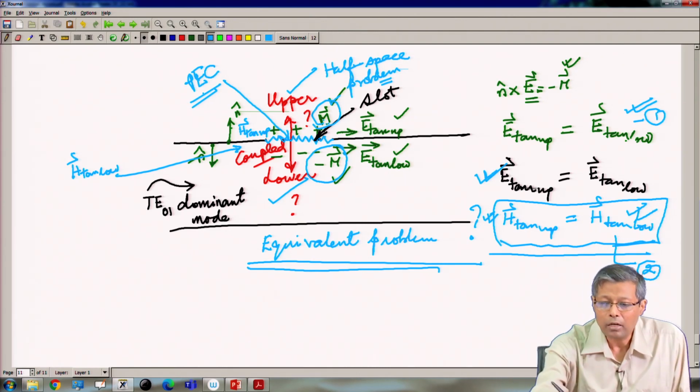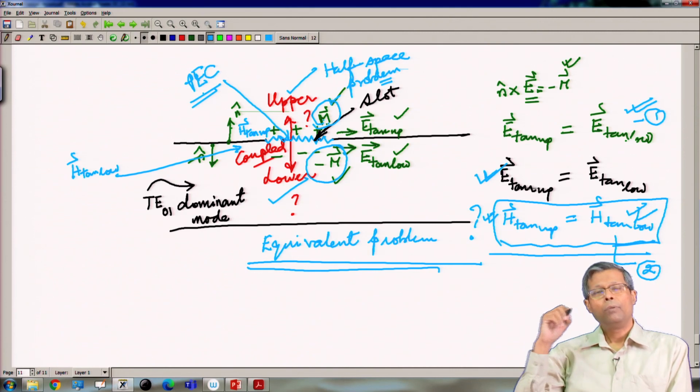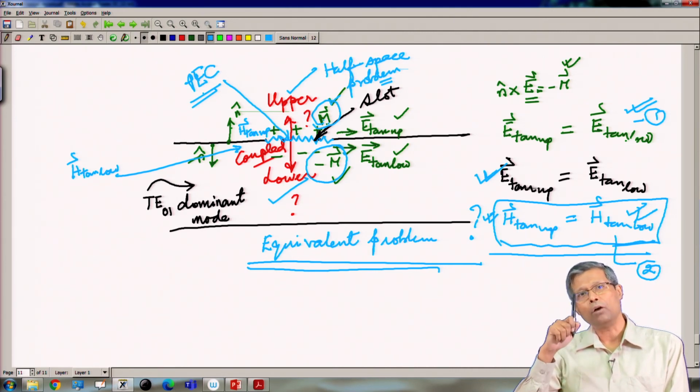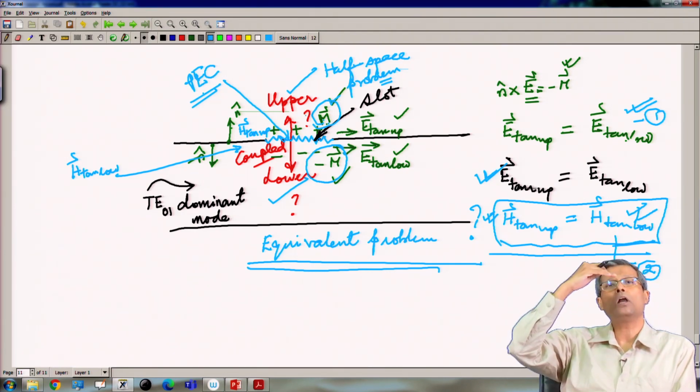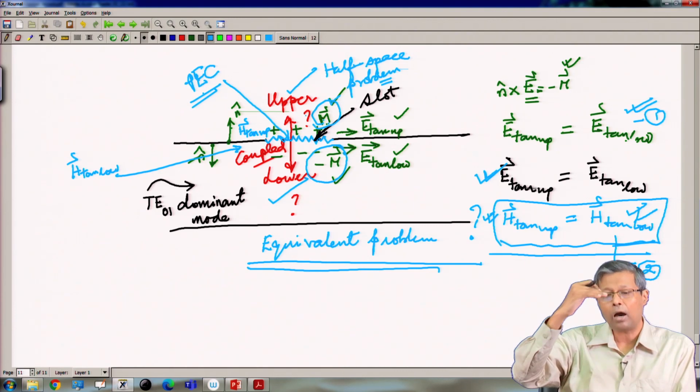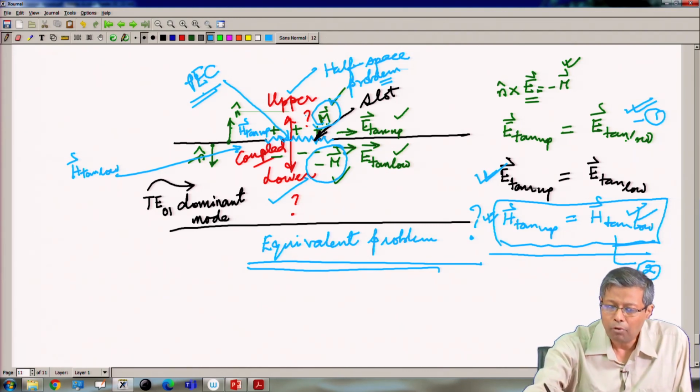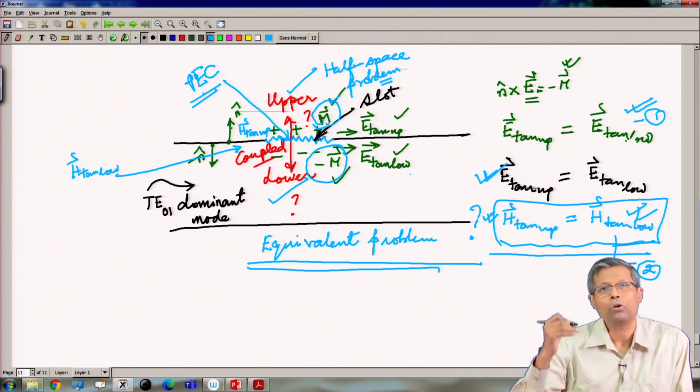So, this magnetic current is not known, but what I have accomplished till now is that when I compute the radiated fields due to this magnetic current residing on the upper surface of the conductor, I completely forget what is below the conductor.